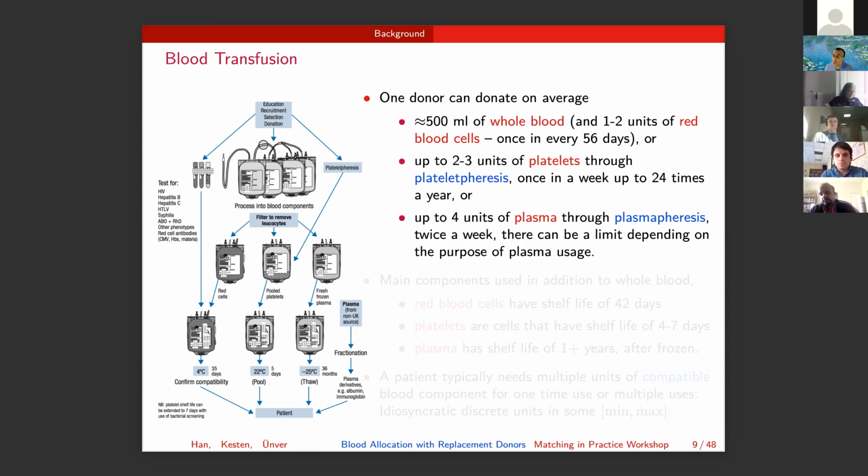The same is true for plasma. Although you can get one nominal unit from whole blood donation, you can get much more for plasma, by just getting the plasma out of your body. Plasma is the liquid part of the blood, which has all these antibodies you heard about, especially during the COVID crisis, this convalescent plasma, which is the recovering patient's plasma with rich antibodies.